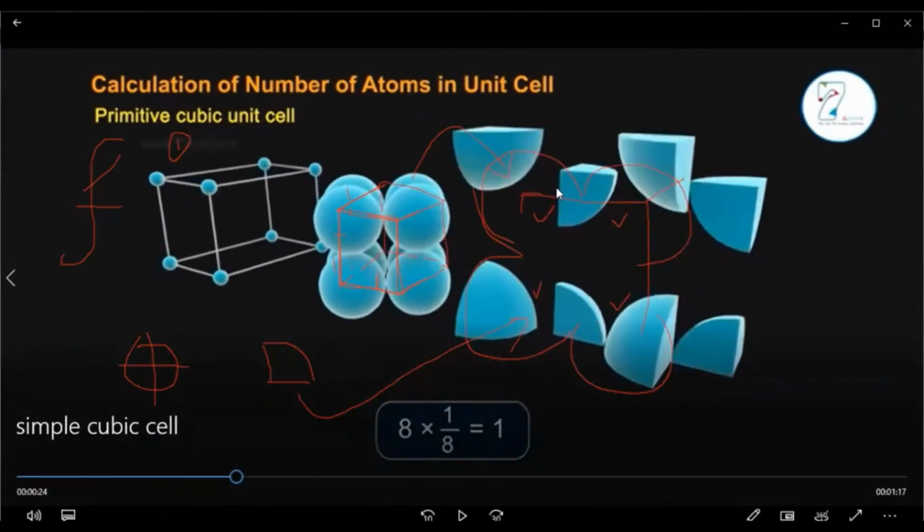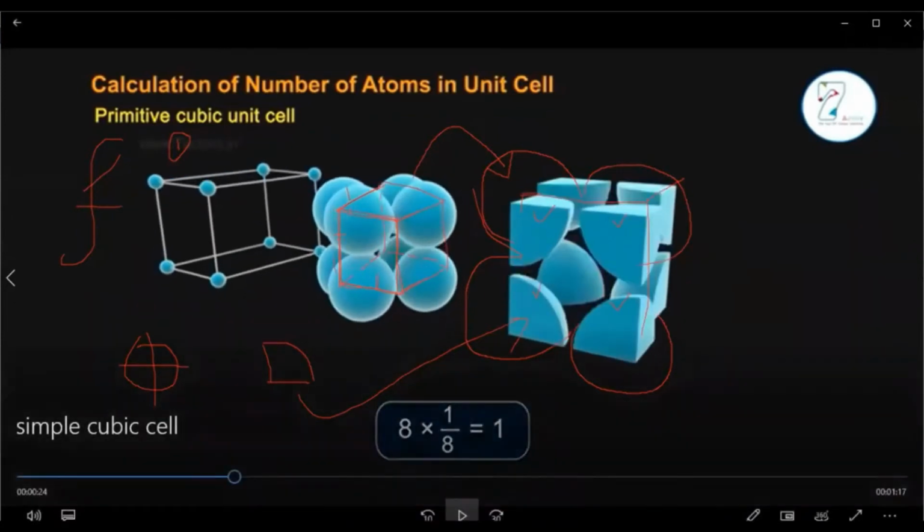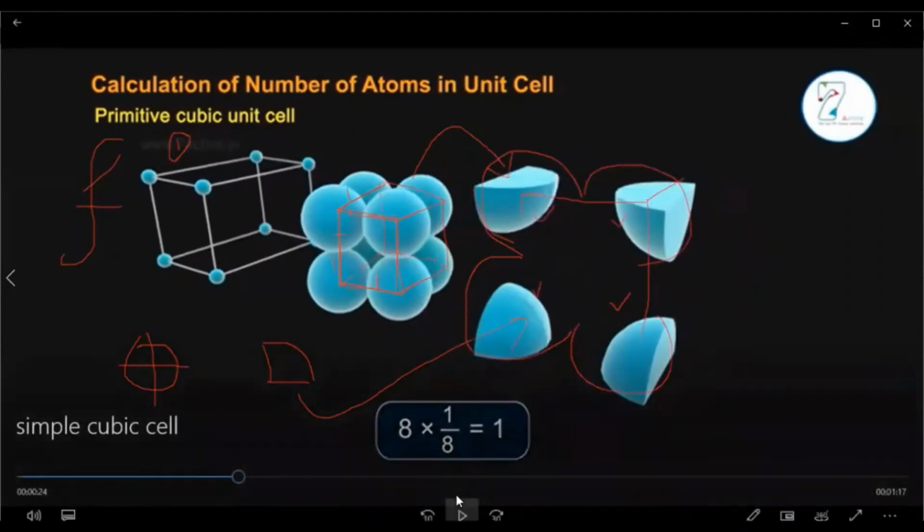When you see this, you see here 1, 2, 3, 4, 5, 6, 7, 8 pieces of 1 by 8. The pieces which are already aligned like this are now taken together.